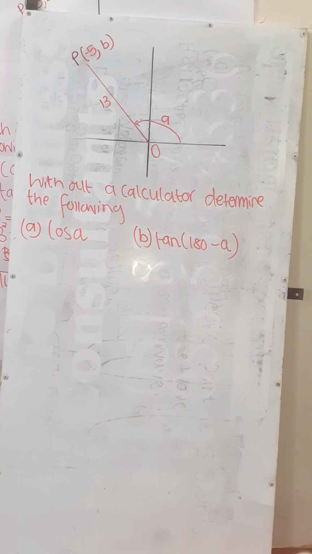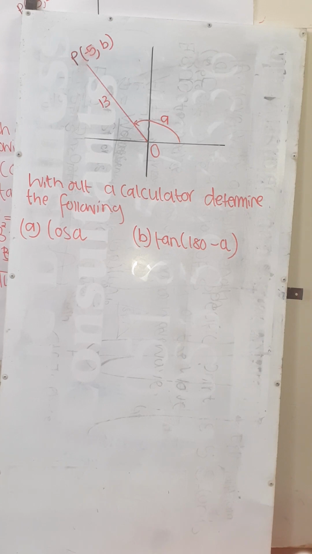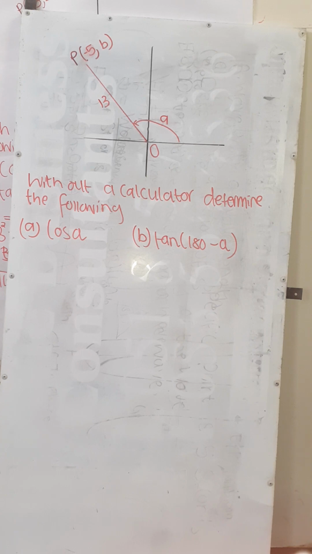So we are going to be tackling triangles, calculating or determining without the use of a calculator. We are given alpha as the angle there, and the radius or the hypotenuse will be 13, and then the x, which is -5, and b, which is y.